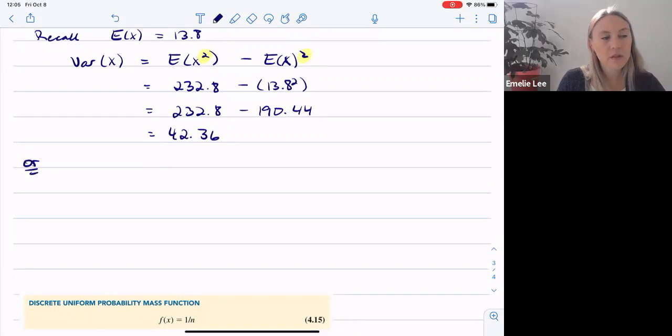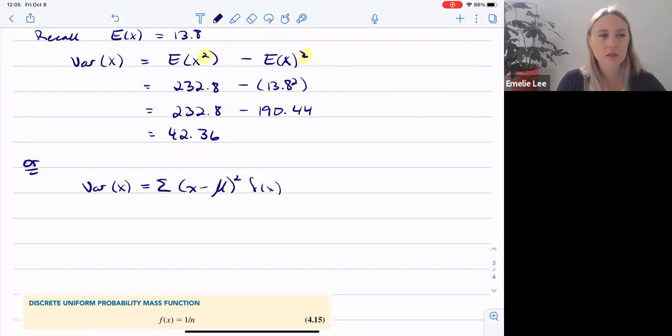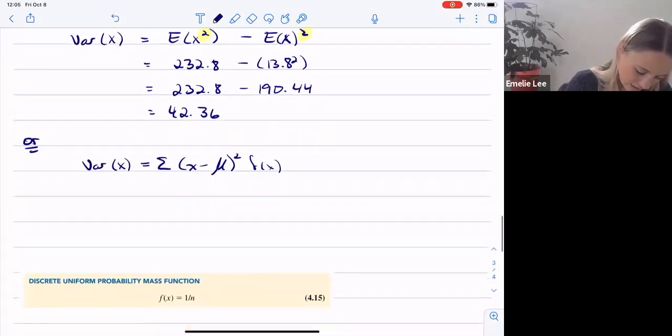Or we could have said that the variance of X is the sum of (x minus mu) squared times f of x. So what does that mean in this case?